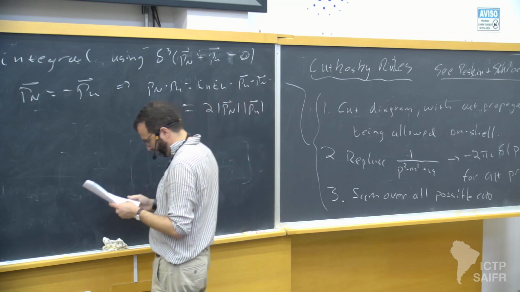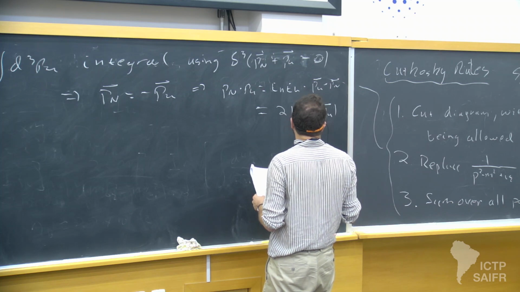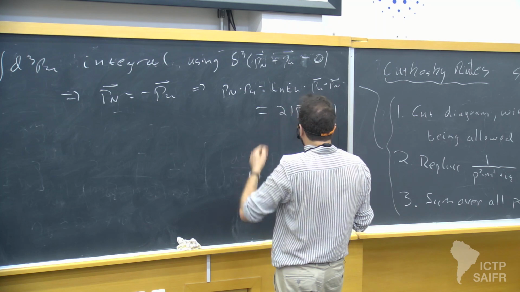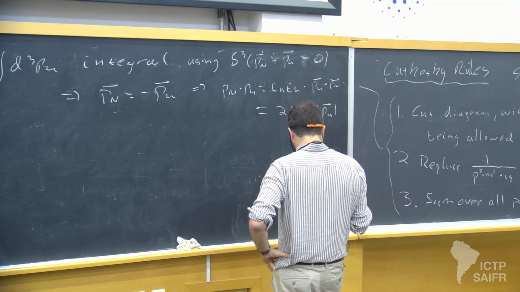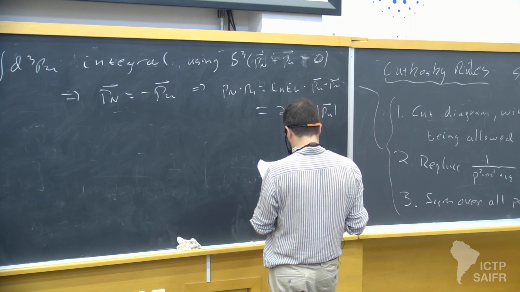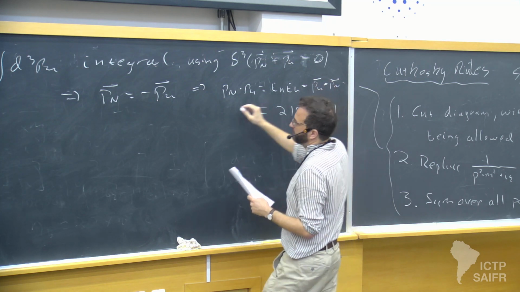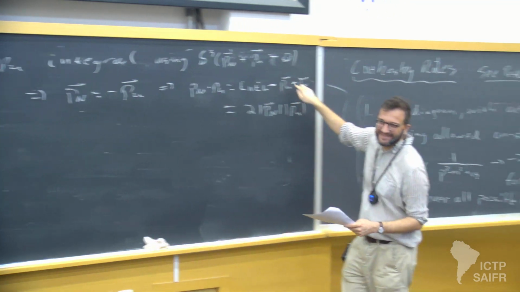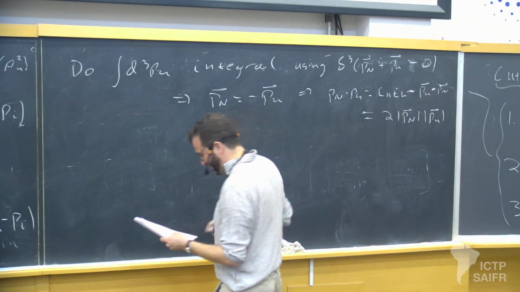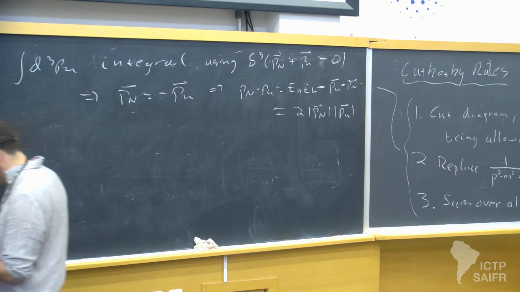Sorry, this enforces this minus sign, so there's no cancellation here. So you get a factor of 2, not 0.